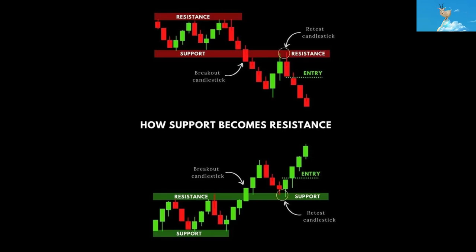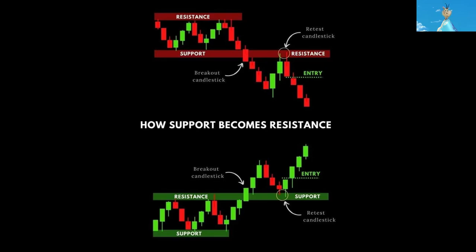Now, second, the retest filters out the fake. The second reason why getting in on the retest is more powerful than the breakout is that it is going to filter out a fakeout. Sometimes the price looks like a breakout, but it's really a fakeout. It's not for real. It's tricking you.